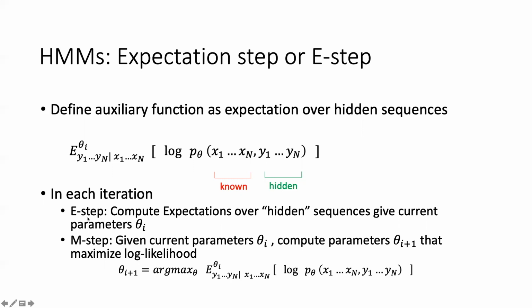In the expectation step, we compute the expectation over hidden sequences given the current parameter theta I. Then we estimate theta I plus 1 by maximizing the log likelihood, which maximizes this expression.